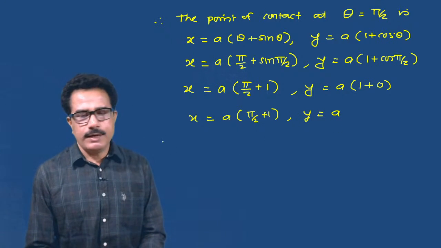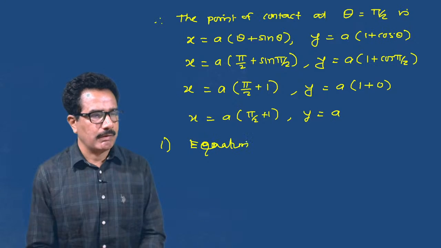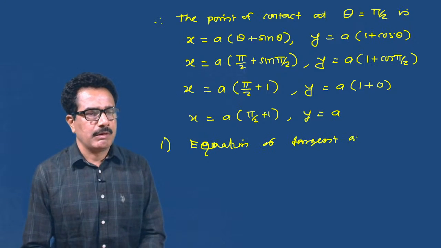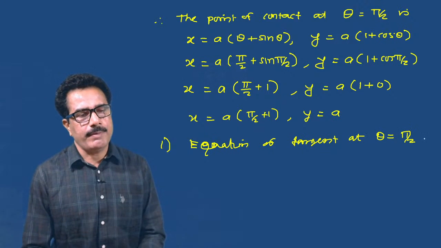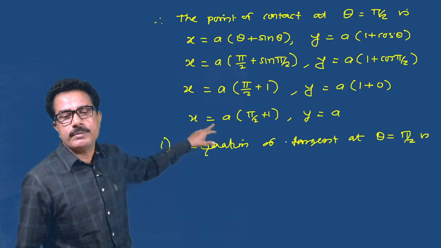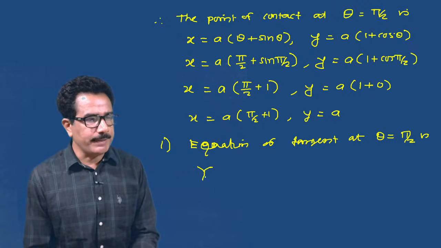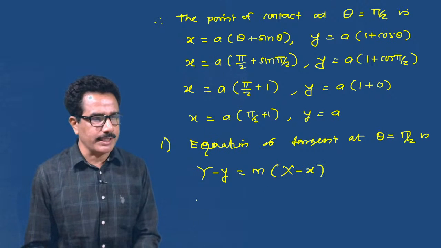Okay. Therefore, number 1, equation of a tangent at theta is equals to pi by 2, means at this point of contact, is capital Y minus small y is equals to m in a bracket capital X minus small x.